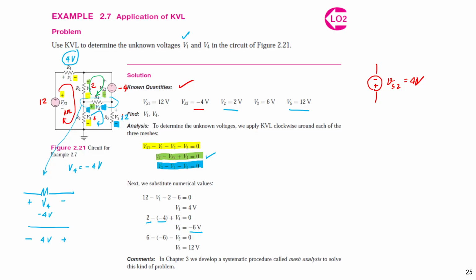V4 is negative 6 volt. If we represent it in the reverse polarity, we can say 6 volt, right? With this polarity.